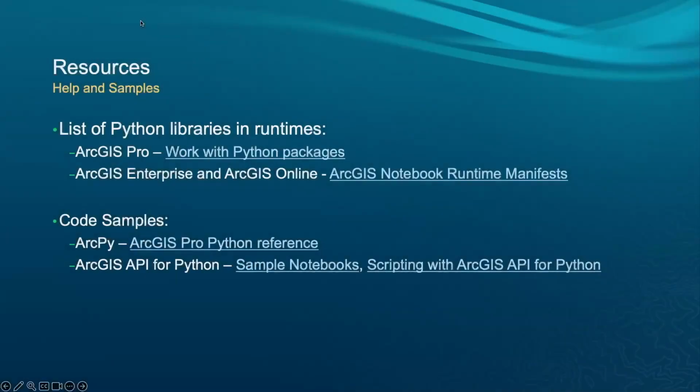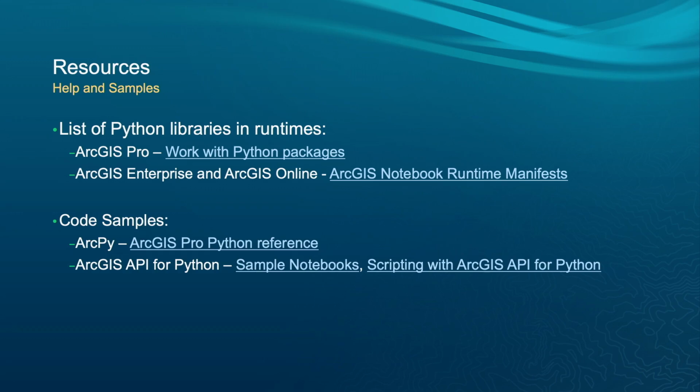Okay, so some additional resources for you to take a look at. We mentioned the runtimes and how Python is delivered to you, and that there are hundreds of different libraries. There are manifest lists of everything that's included if you want to go out there and look for these.